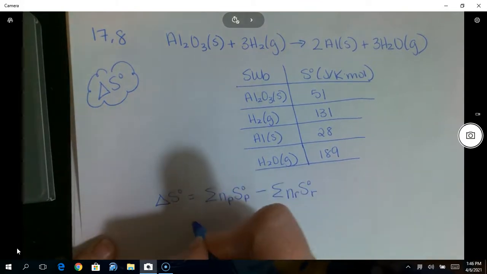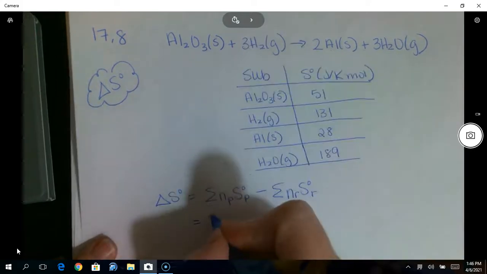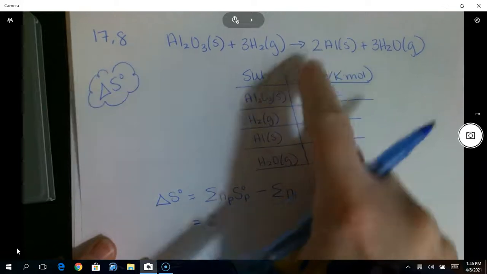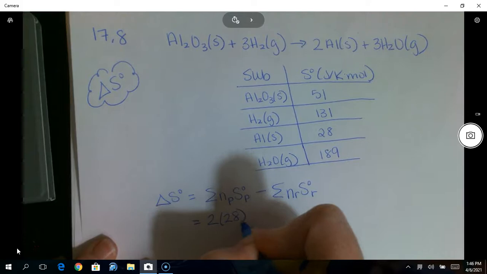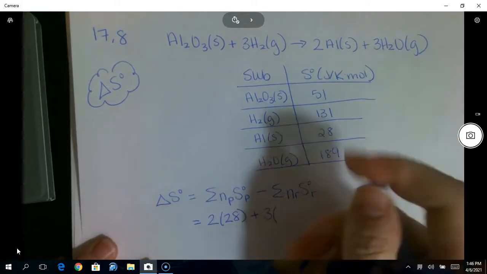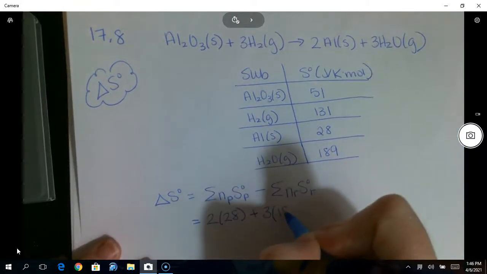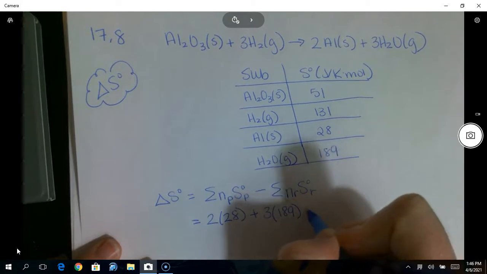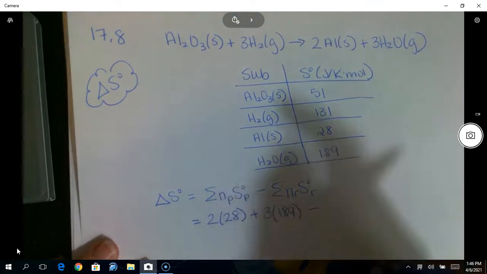So if we're to do that, you're going to look at our products first. So I have 2 of aluminum, and then I look for aluminum, and it's 28, plus 3 times water. So I have 3 waters, so I look up water, and that's 189. And then I have minus, and everything after that's going to be minus, because it's all inside.